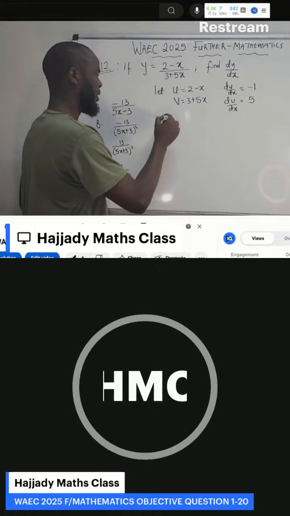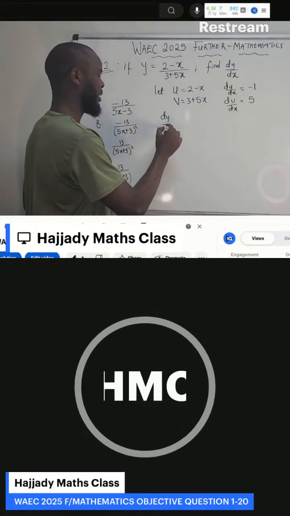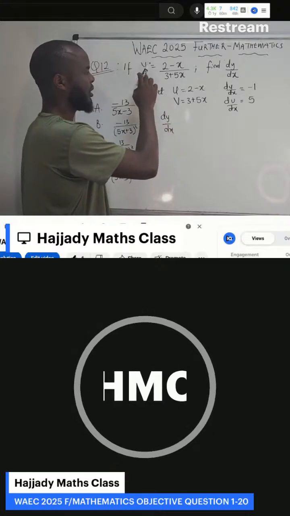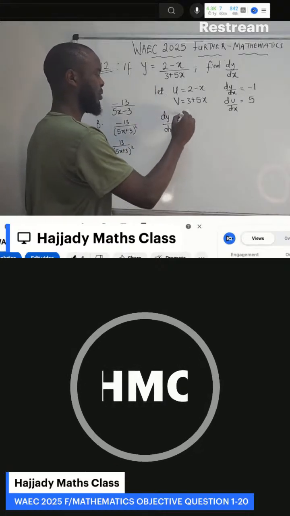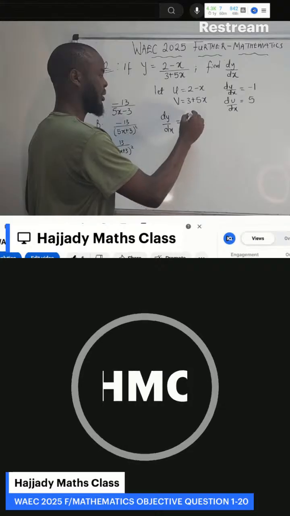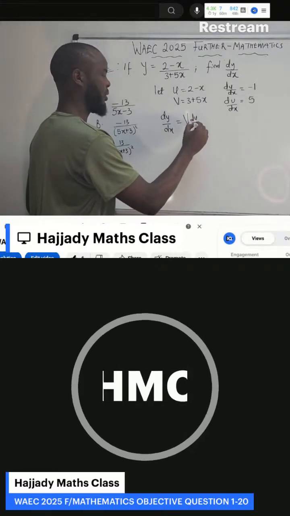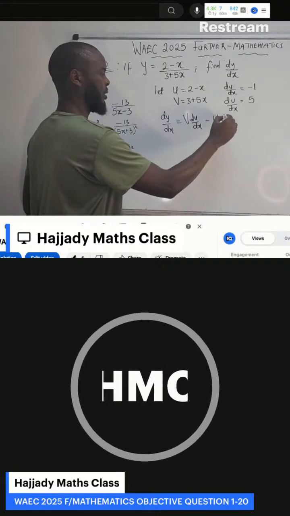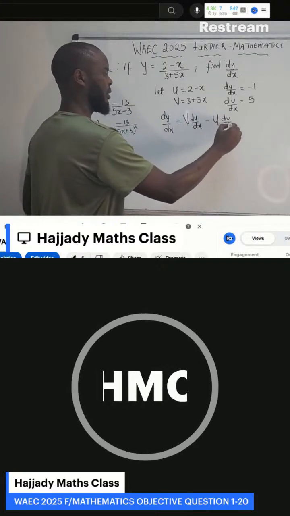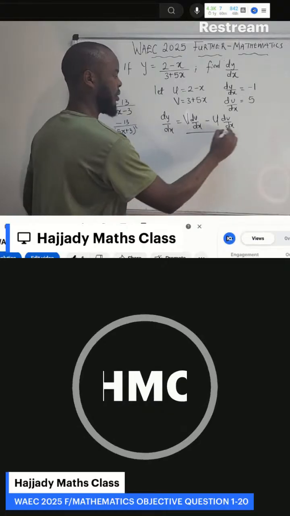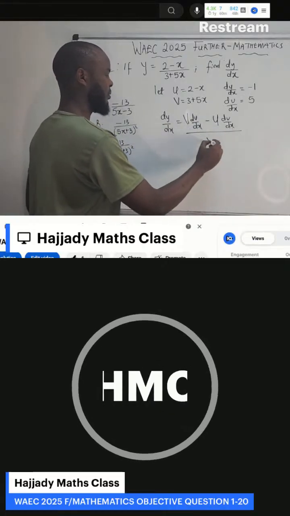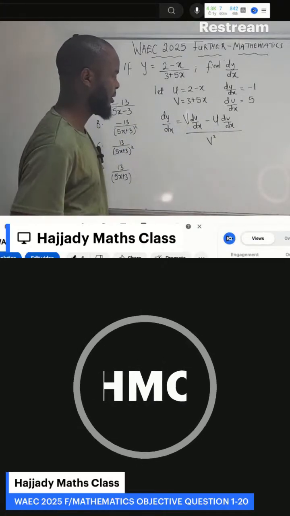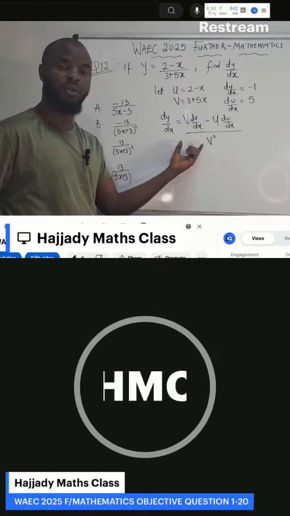The derivative dy/dx: if you want to differentiate this function with respect to x, you're going to use v du/dx minus u dv/dx, all over v squared. So this is the formula for the quotient rule.